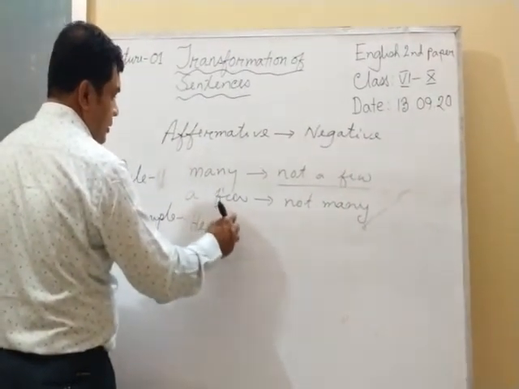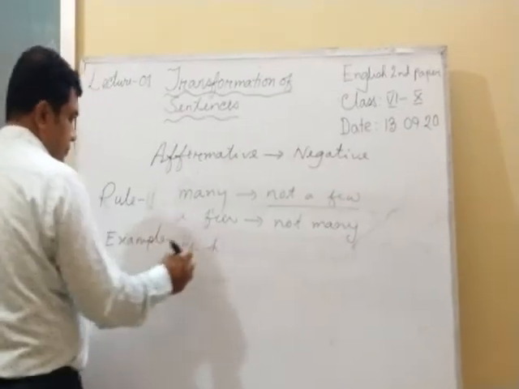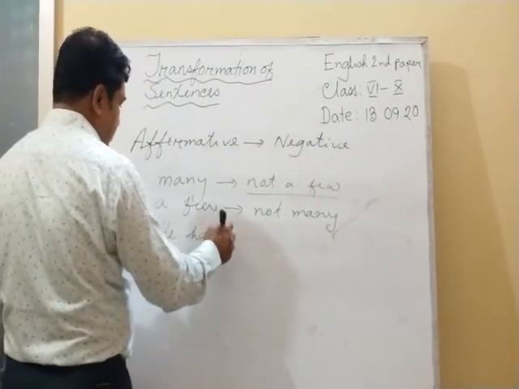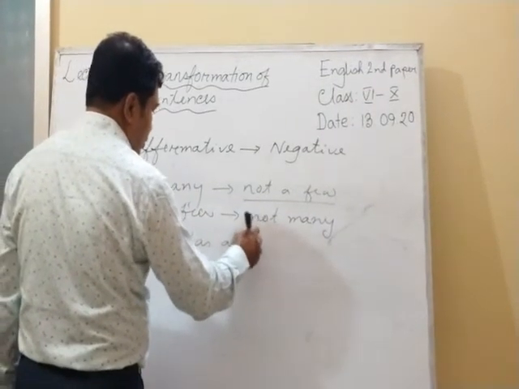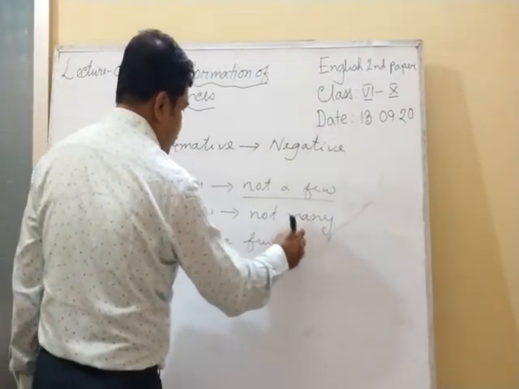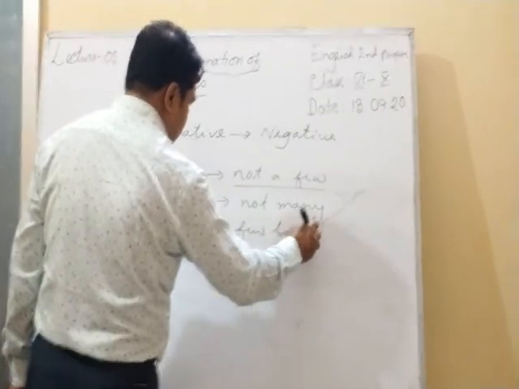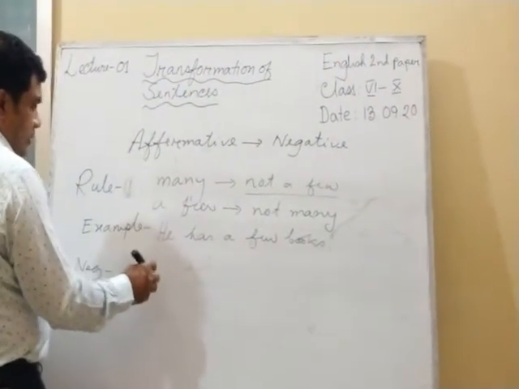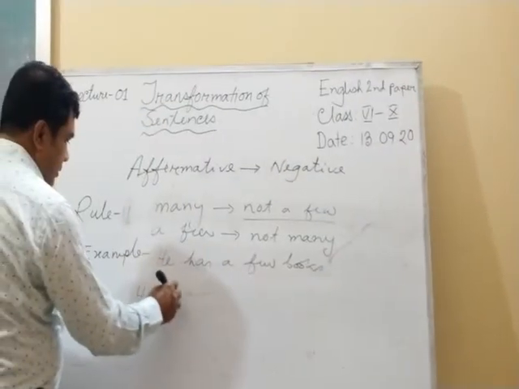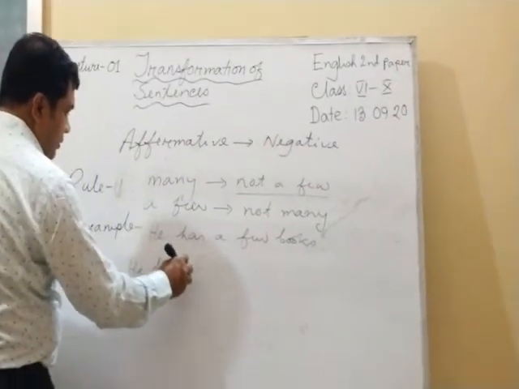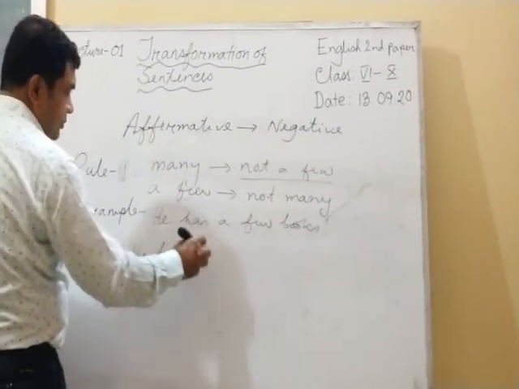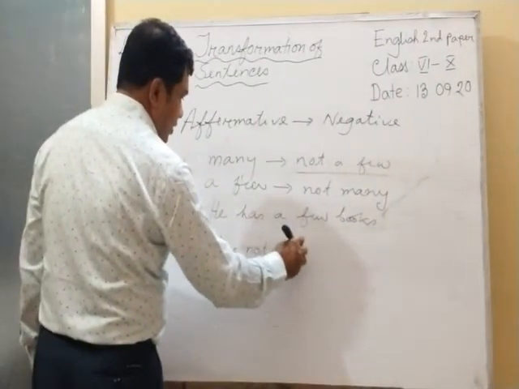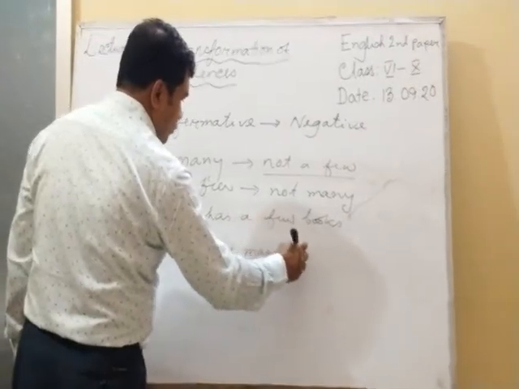He has a few books. Negative will be: he has not many books.